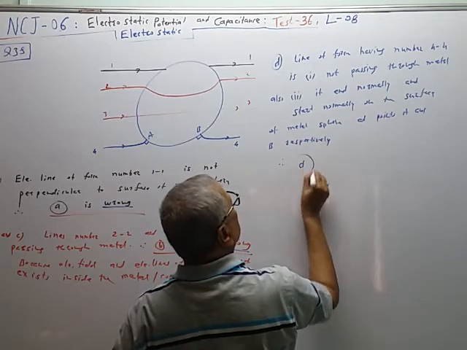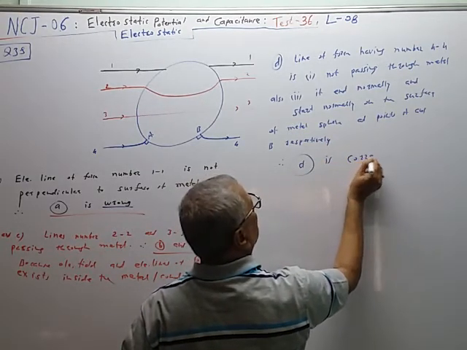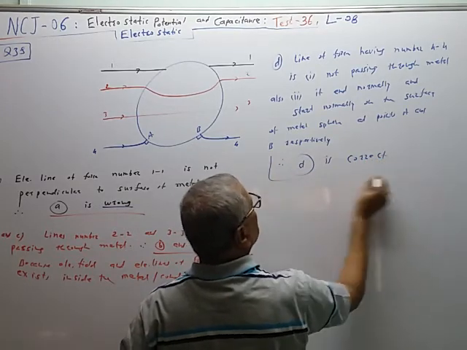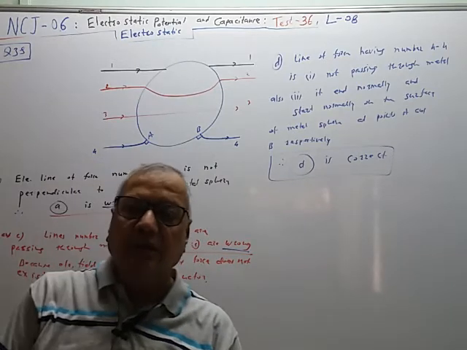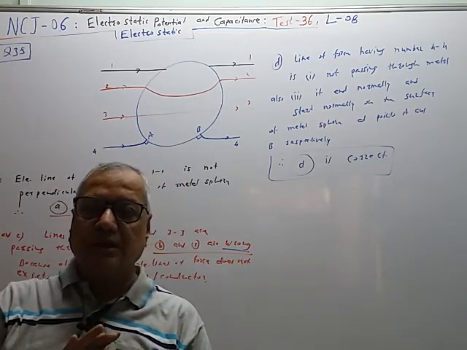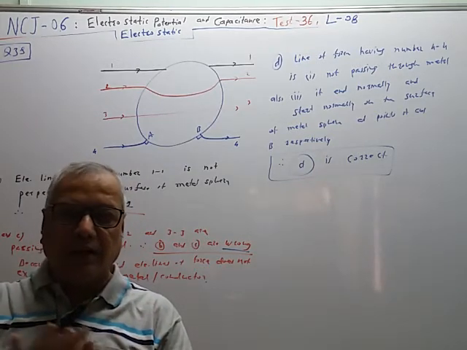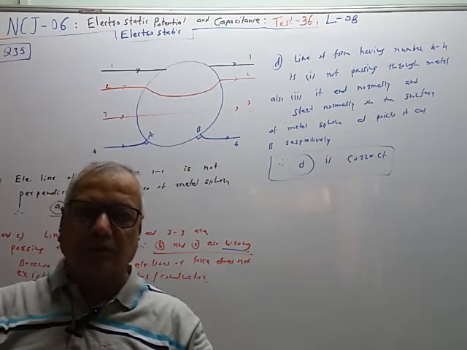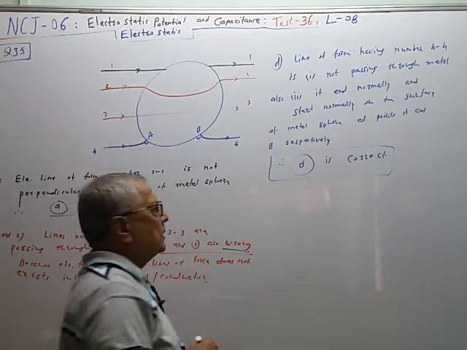And D is correct. It follows the properties of electric lines of forces. Lines of forces do not exist inside the metal, inside the conductor. Shape may be any, and it starts and ends normally from the surface like this, and therefore D is correct.